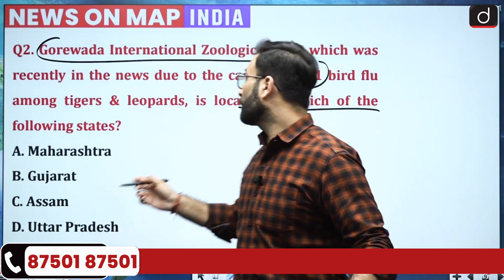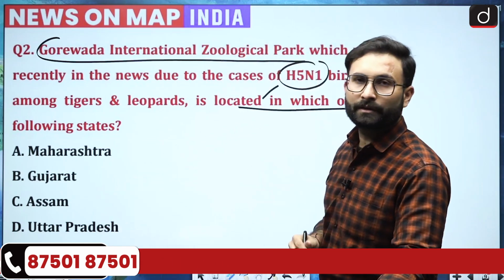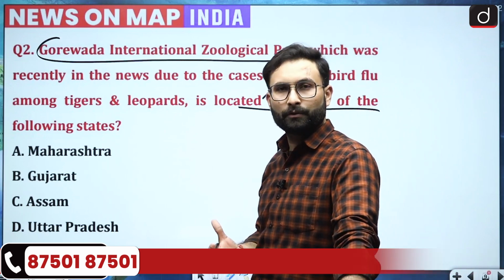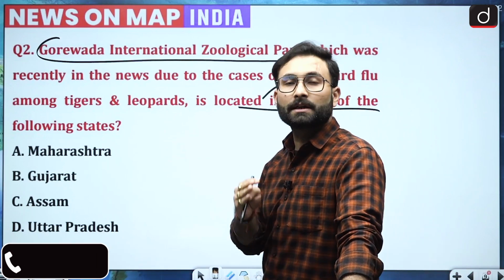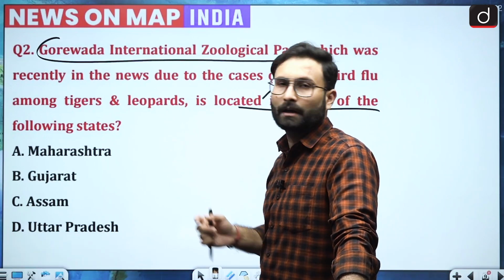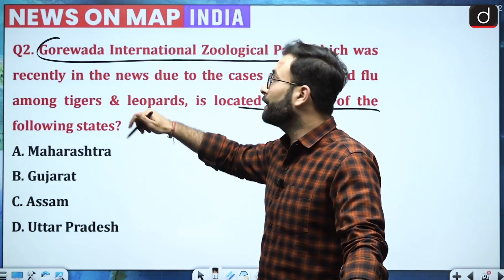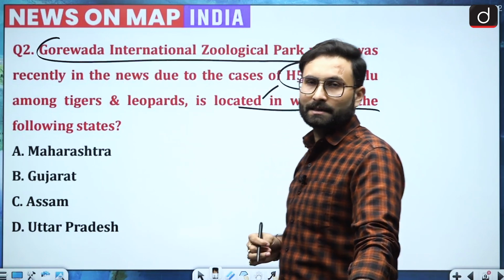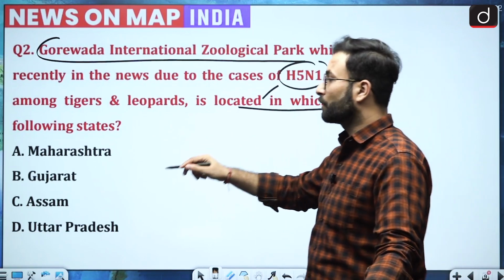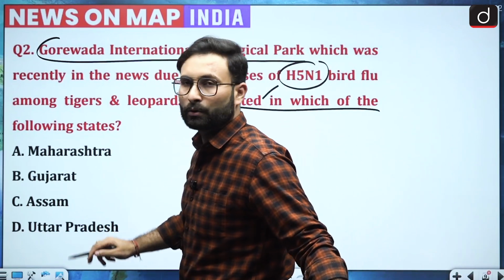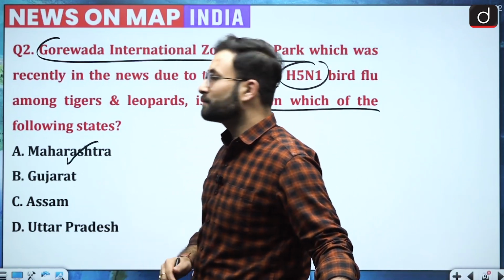This variant, H5N1, is avian influenza, because of which 3 tigers died, and one leopard as well. That event happened in Gorewada International Zoological Park. The options are Maharashtra, Gujarat, Assam and Uttar Pradesh. So option A is your right answer, Maharashtra.